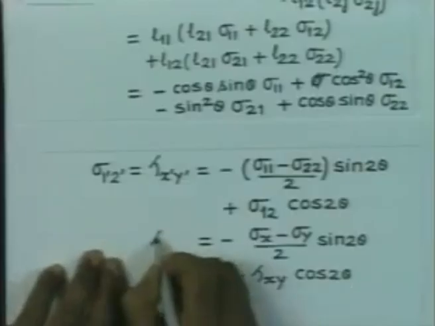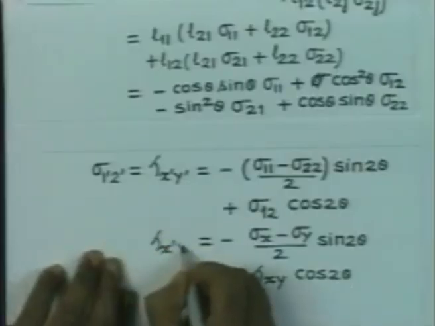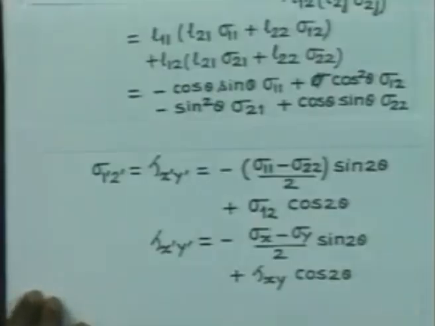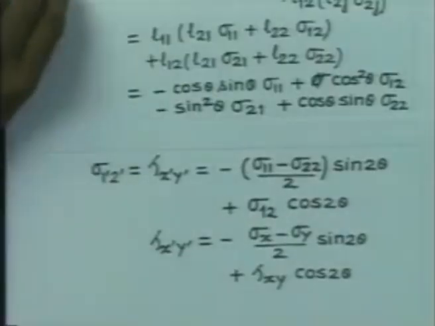So, the new shear stress is given by this, and this is what you have obtained in connection with the Mohr circle diagram in 2 dimensions. Just finally to look at the expression for the transformed x dash and the shear stress, it is like this.